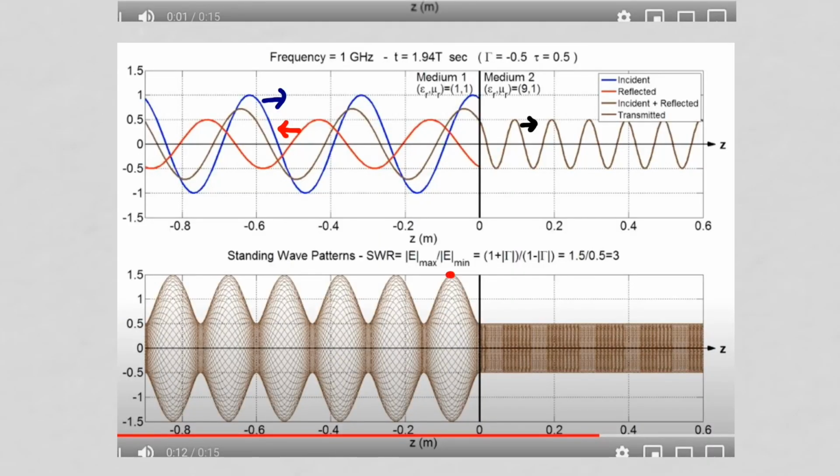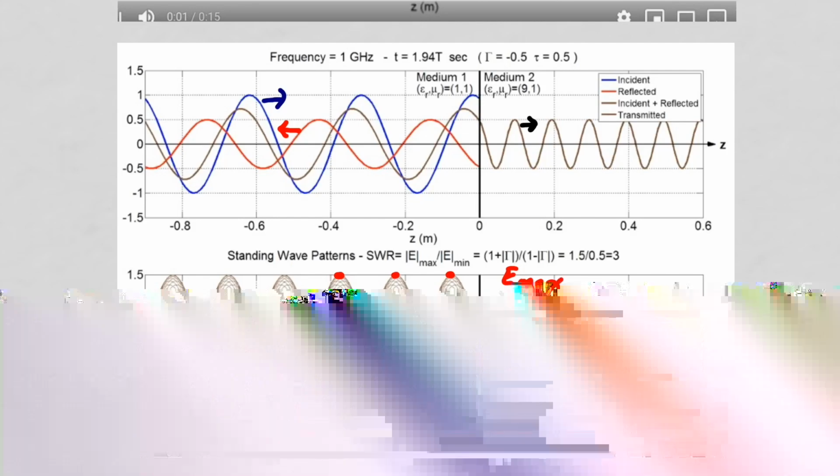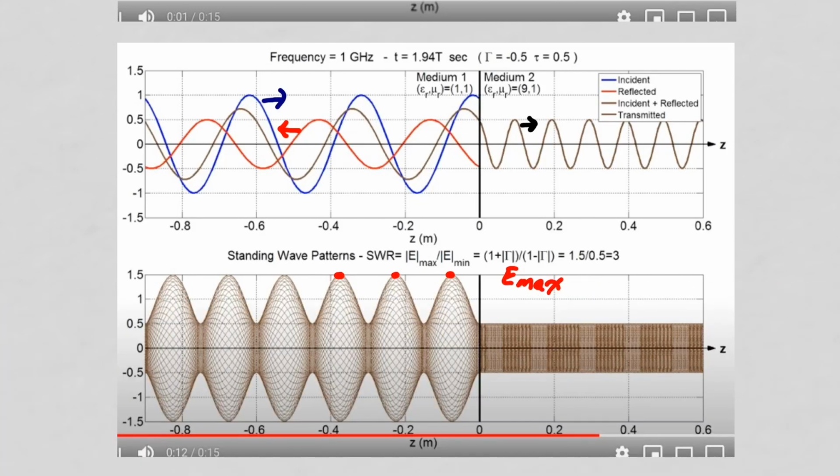So these values right here are the maximum amplitude of oscillation of the magnetic field intensity in material 1. And these points here are the minimum amplitude of the oscillation of the electric field intensity at any location in material 1.